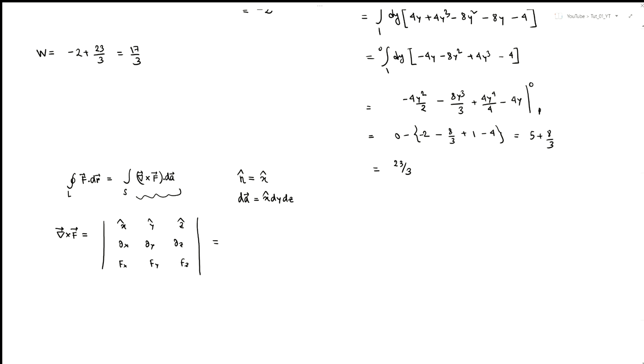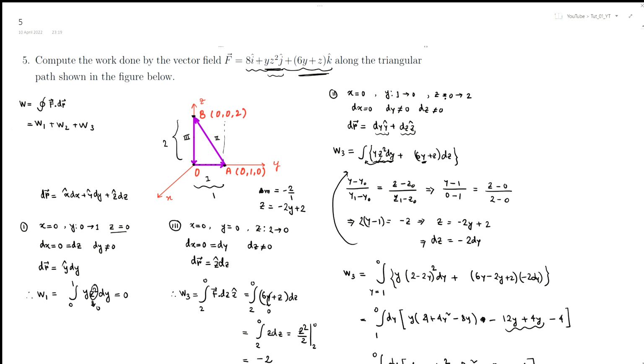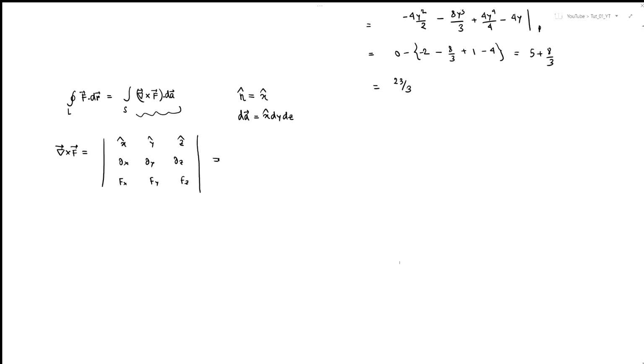We have solved this earlier. Our f is 8 i cap, y z squared j cap, and 6y plus z k cap. So in place of fx we have 8, in place of fy we have yz squared, and in place of fz we have 6y plus z.